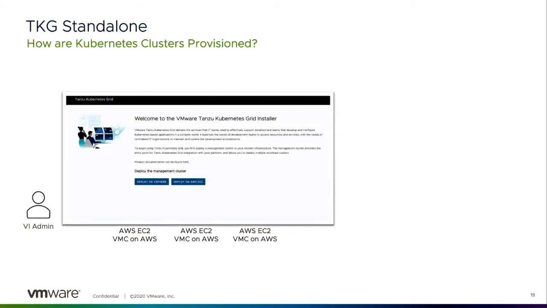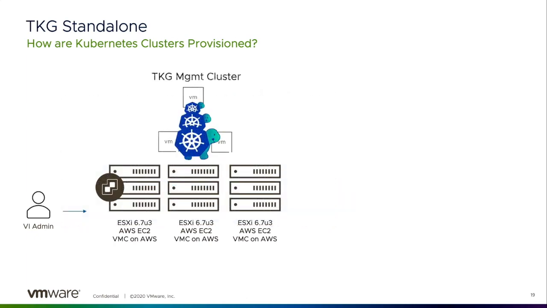This brings up a web UI with a dialog that asks for information about the landing zone or landing area for the deployment. So whether it's going to be on vSphere or AWS, if it's on vSphere, what's the URL for the vCenter appliance, what's the data center, resource pool, cluster, where are these things going to live?